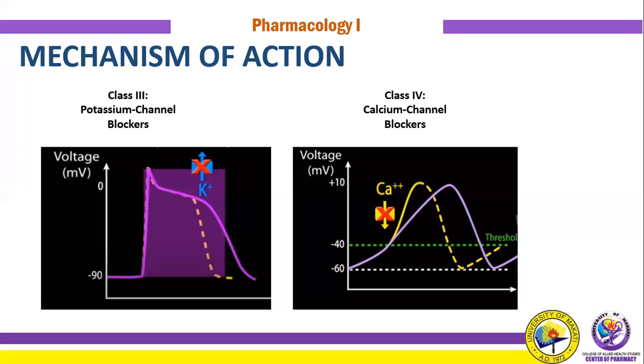Amiodarone has class 1 and class 2 properties, but the class 3 properties predominate. This drug may also cause arrhythmia because of slow repolarization associated with a longer QT interval and increased risk of torsades de pointes.